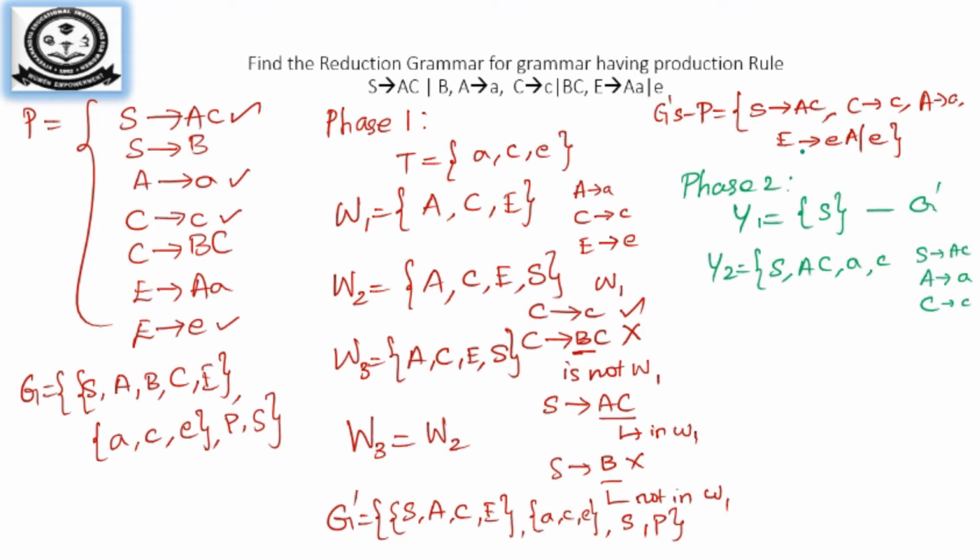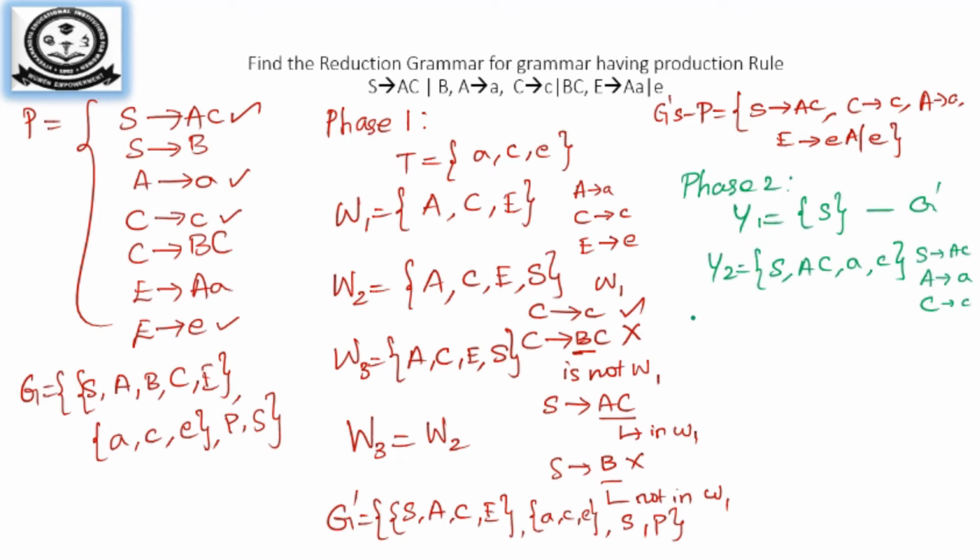There is no other production that can be derived from S, because S can derive only AC, and C can derive C and A can derive A. So there are no more non-terminals and terminal symbols that can be derived from S, so we'll close the Y2 calculation.